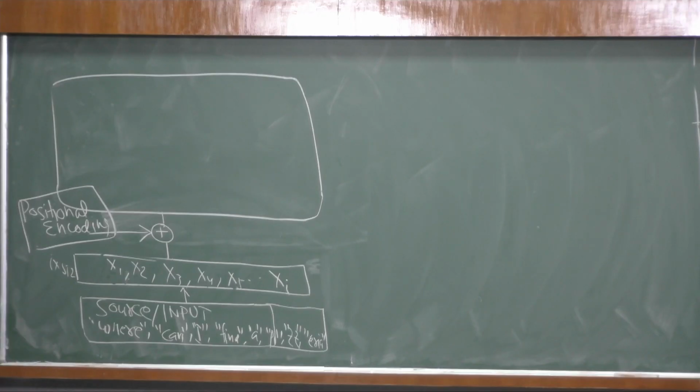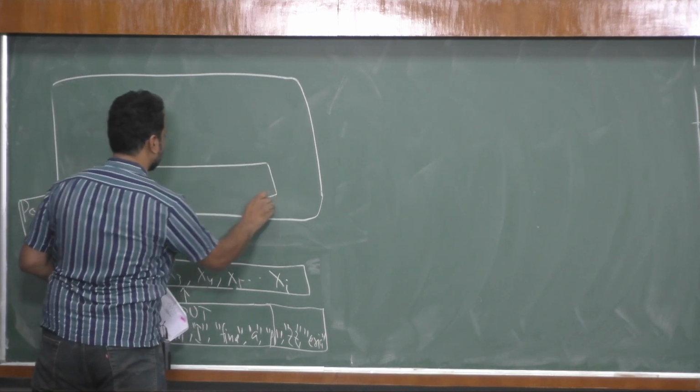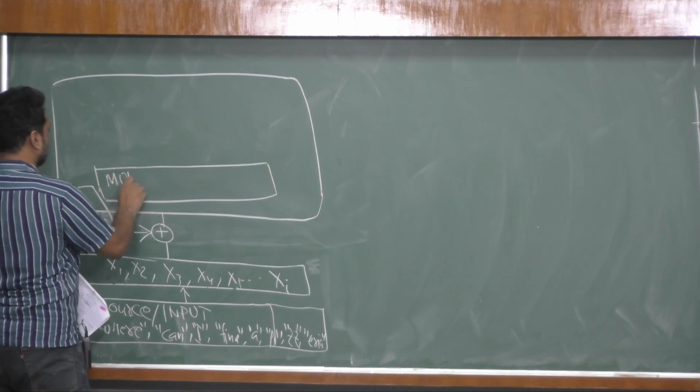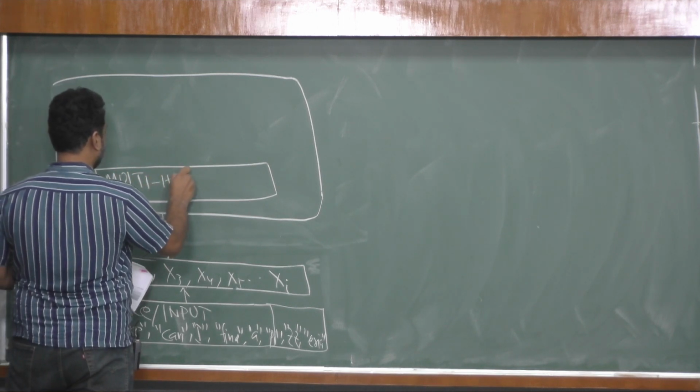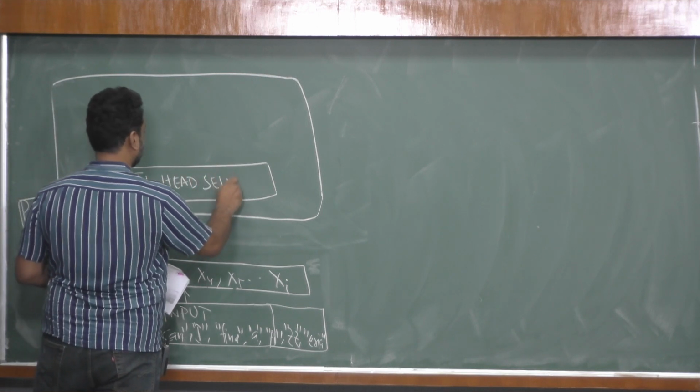And so we have this positional encoding, and then we know that there is a multi-head attention block going on here. So this is multi-head self attention.